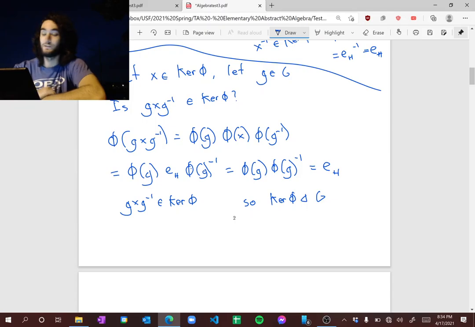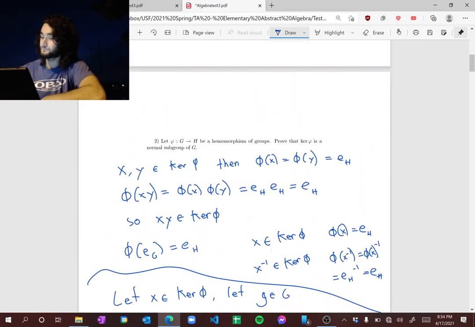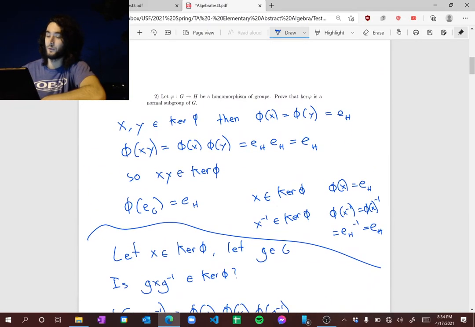In fact, notice, and this is kind of an important point, that when we were talking about this, I didn't really mention H at all, except saying it gets mapped to the identity in H. What the structure is over there, how big it is, what the other elements are, how they're related to each other, it does not matter at all. H is totally not relevant.